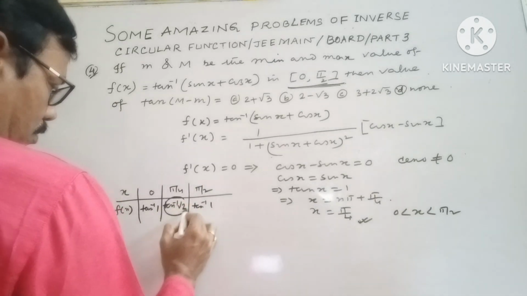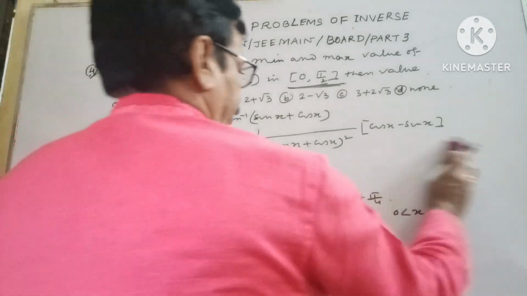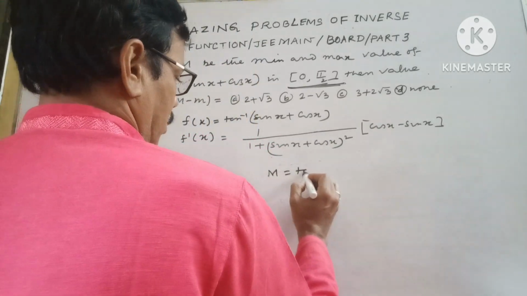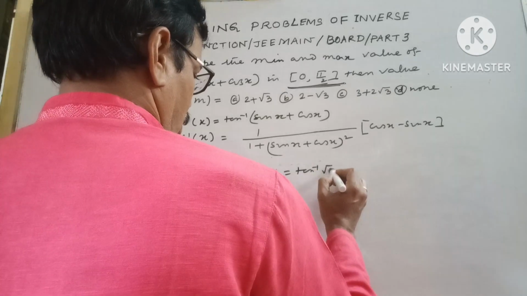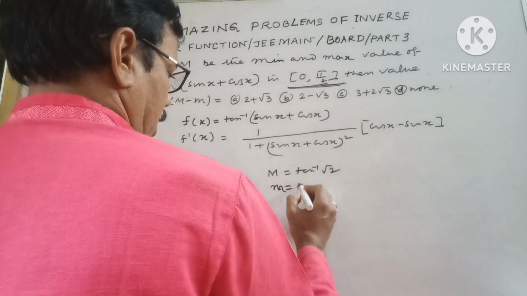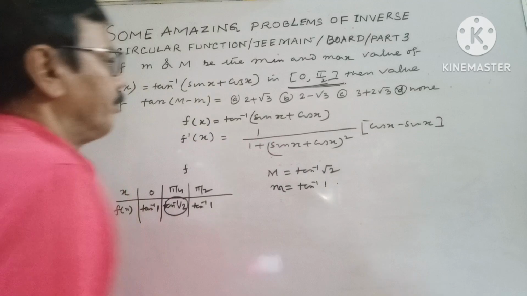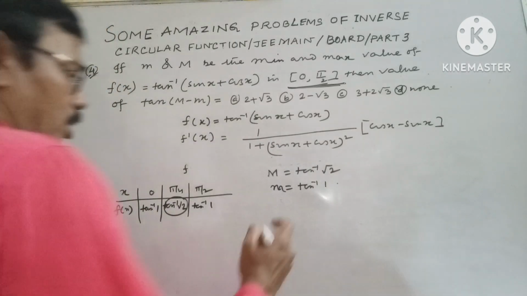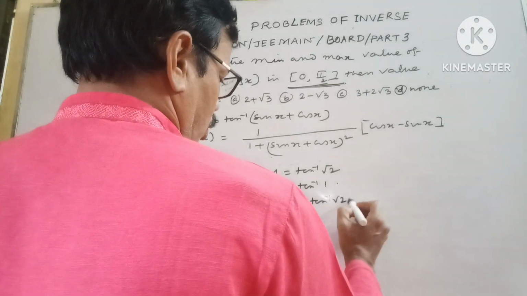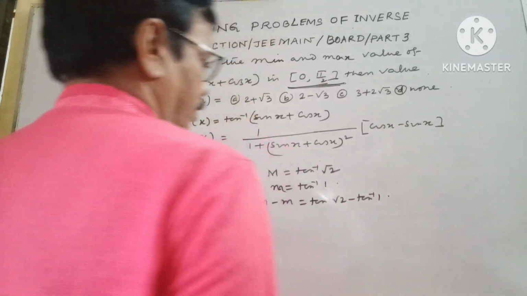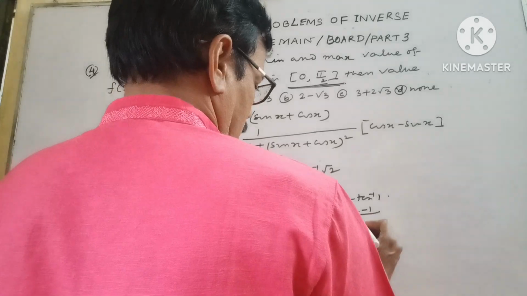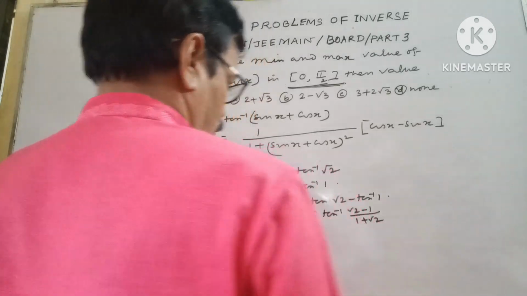So the maximum value is capital M equals tan inverse root 2, and small m is tan inverse 1. Now M minus m equals tan inverse root 2 minus tan inverse 1, so this is tan inverse of (root 2 minus 1) by (1 plus root 2).